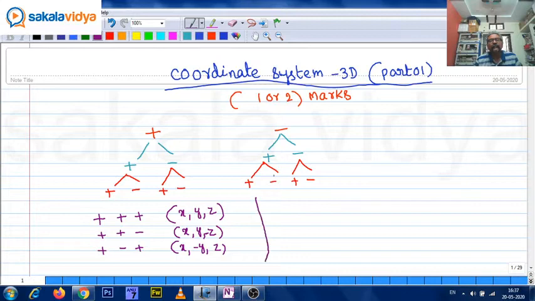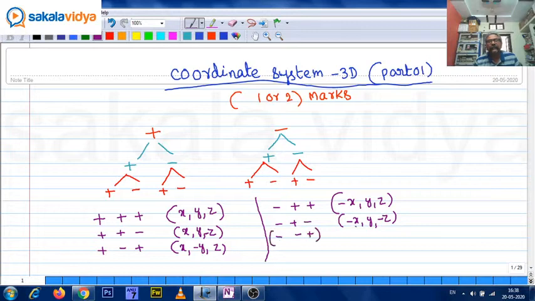Next, minus plus plus: minus x comma y comma z. Then minus plus minus: minus x comma y comma minus z. Minus minus plus: minus x comma minus y comma z. Next, all negative signs, minus minus minus: minus x, minus y, minus z.